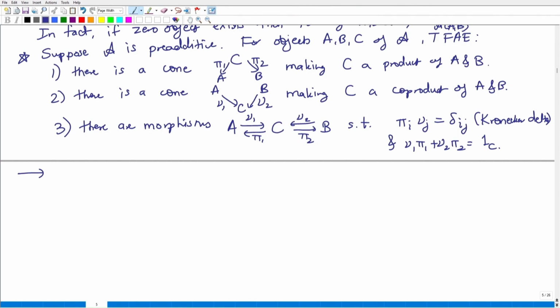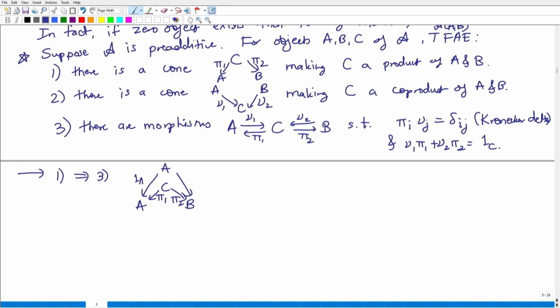Okay. Let's try to prove 1 implies C. So we are given that this is a product diagram. Okay, so you have to take A, B, C, pi 1, pi 2. Now I am suggesting start with A and form a cone over the base diagram.